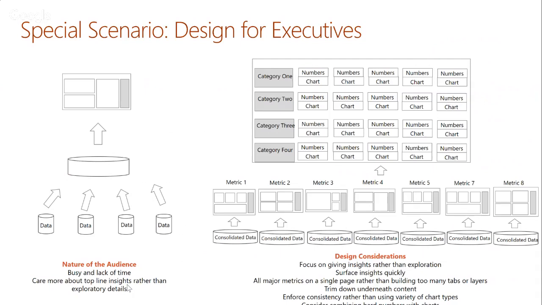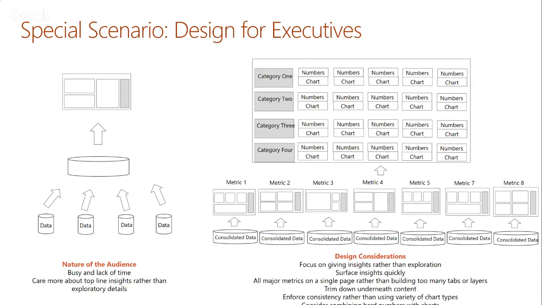You may want a combination, giving them the option to drill down, but also surfacing the insight really quickly. So you cherry-pick the charts that are really relevant to the executive, and you can use a report style, that's fine, but you can also leverage a dashboard with all the key metrics laid out on top, so that they can find out what is going on with the business in a few seconds.